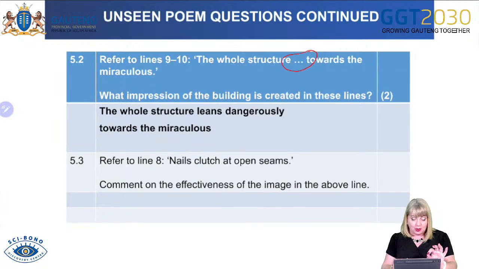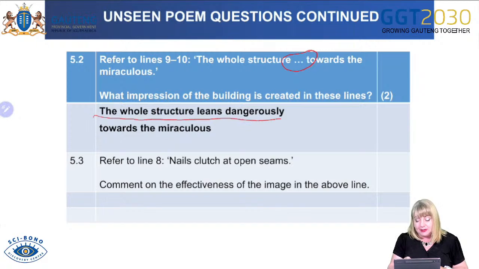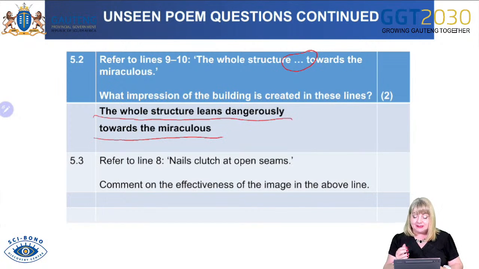They give you the quote, "the whole structure," and then they give you those 3 dots, the ellipsis, and then the last 3 words, "towards the miraculous." Those 3 dots mean that they want you to go back to the poem and read everything, including all the words that are left out and replaced by the ellipsis. So they're actually talking about this whole quote.